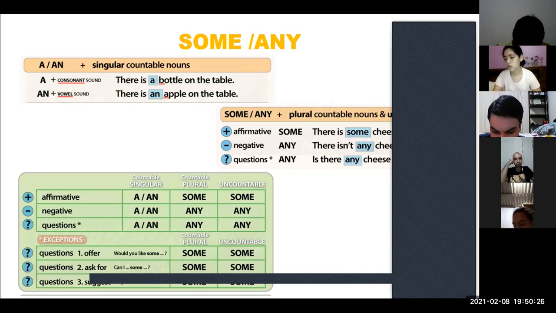Okay. So in these three situations, we can use some in a question. Espero que estén anotando. To offer something, to ask for something, and to suggest something. Okay? These three situations.